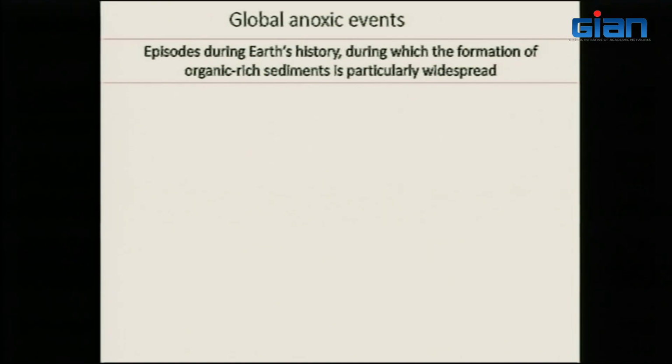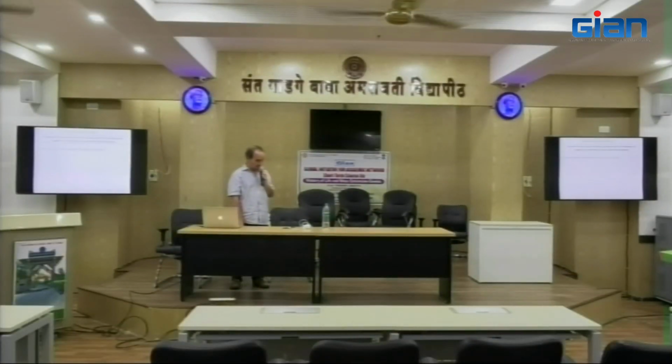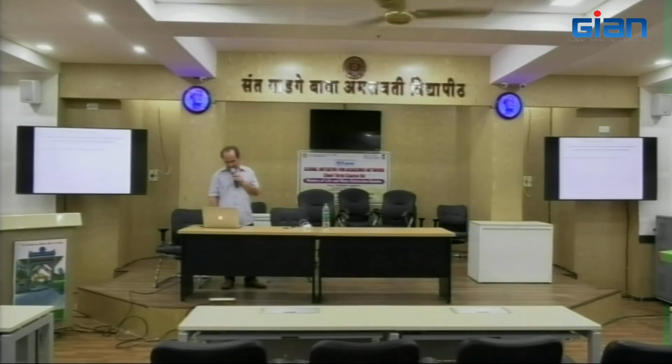In most cases, the duration is quite short, around 500,000 years maximum, sometimes a little bit less. There is an exception, clearly: the Permian-Triassic mass extinction, where anoxic conditions prevailed for at least more than 1 million years.